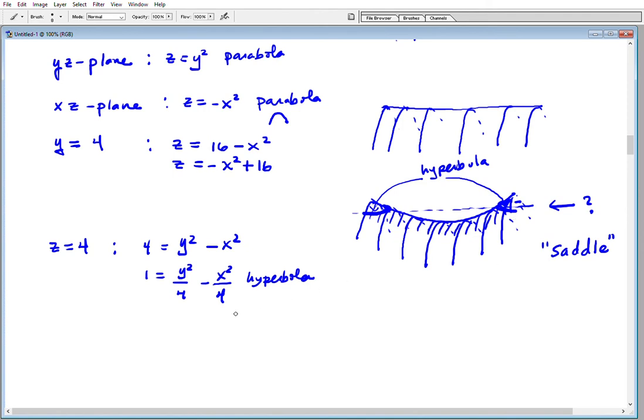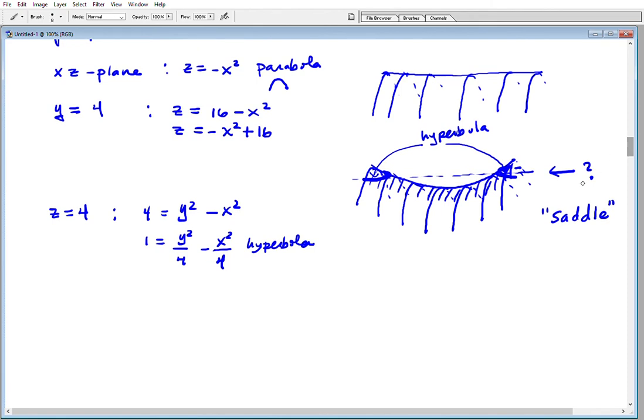Okay, so that's why it's called a hyperbolic paraboloid. You have a bunch of parabolas, but you also have a hyperbola. So slicing it like this gives a hyperbola, and other slices will give you parabolas. I like the word saddle for this shape because it really does look like a horse's saddle.